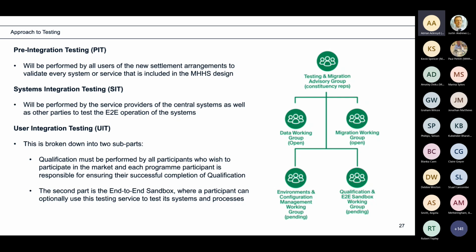The programme itself is not responsible for the qualification because it's a PAB Elexon piece to execute. However, we do realise that as a programme, we will be involved in that. So as soon as we can shape that and get the understanding in place and the requirements and the asks from the participants, the better.